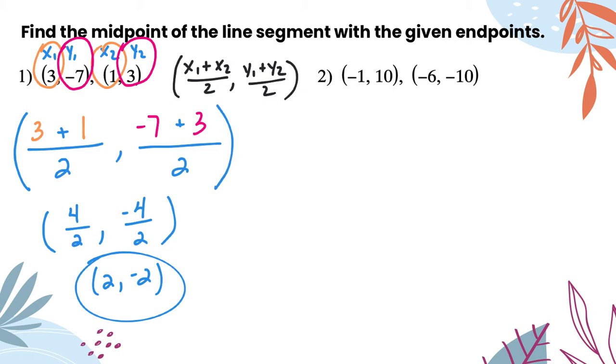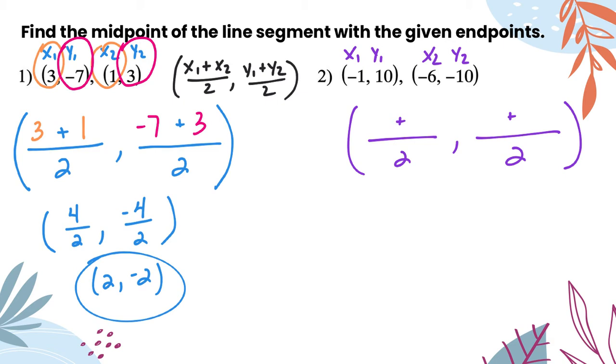Let's do the same thing for the next one. So I have x1, y1, x2, y2. I know that my formula will always look like this. And then I'm going to fill in those numbers. So x1 plus x2 is negative 1 plus negative 6, and y1 plus y2, 10 plus negative 10.